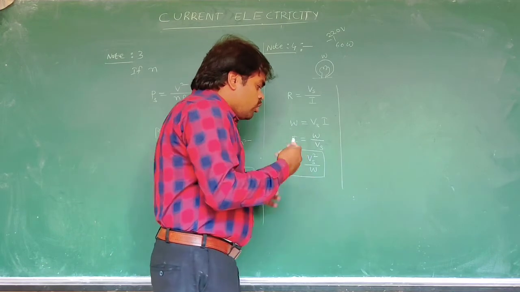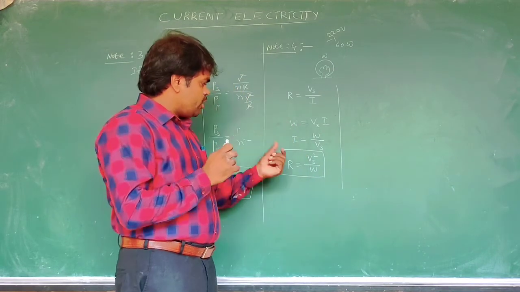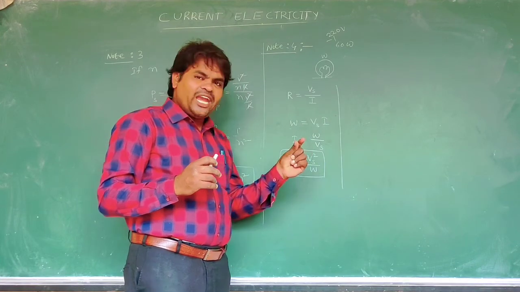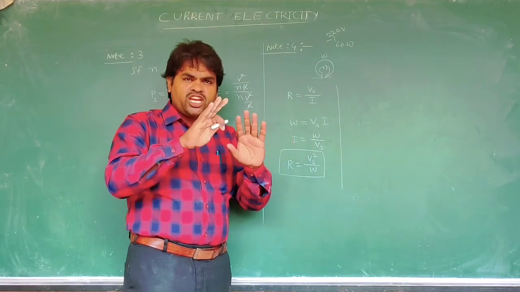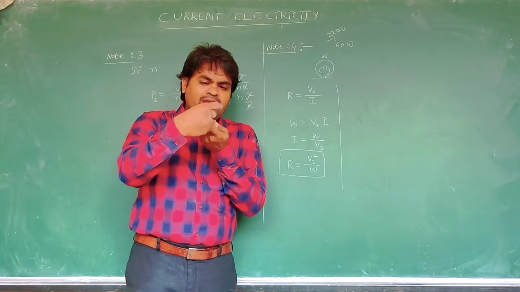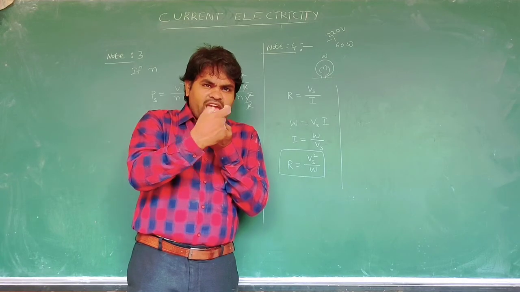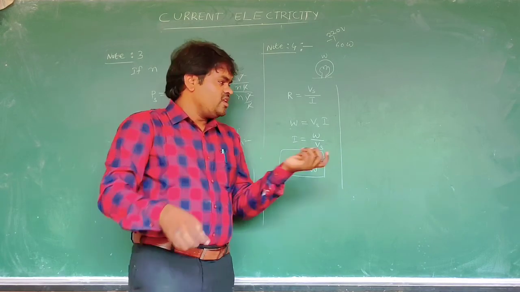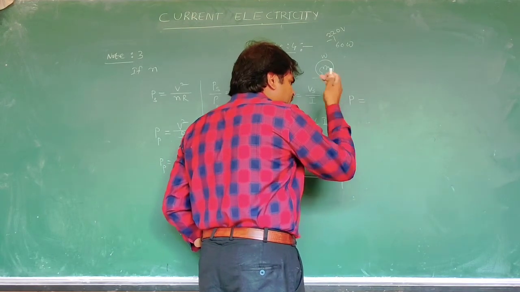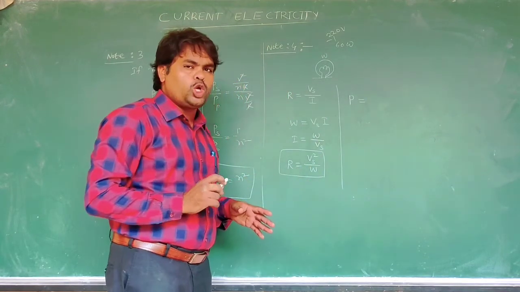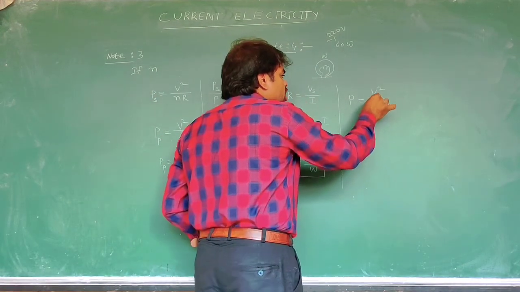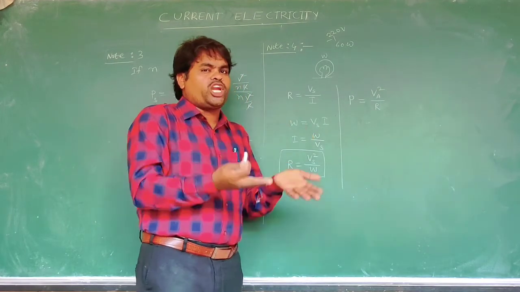Here we can see that the voltage applied and the voltage specified are both different. Voltage specified means what is clearly mentioned on the electrical appliance. That means the power consumption in that circuit of the electrical appliance is P is equal to VA square by R, where VA is the applied potential.